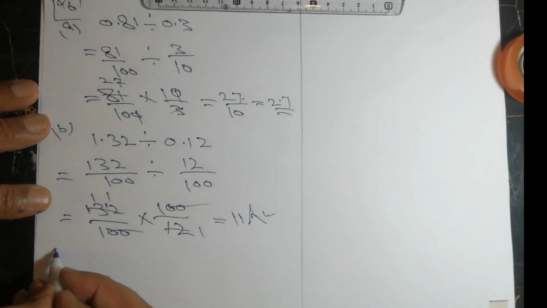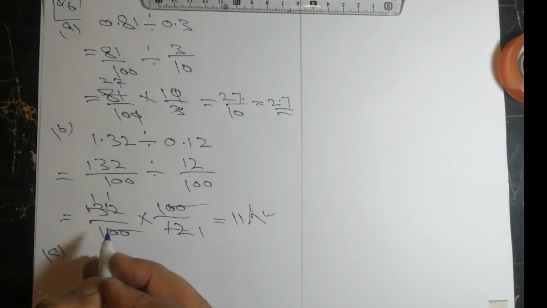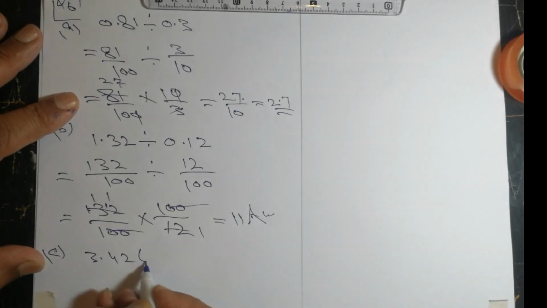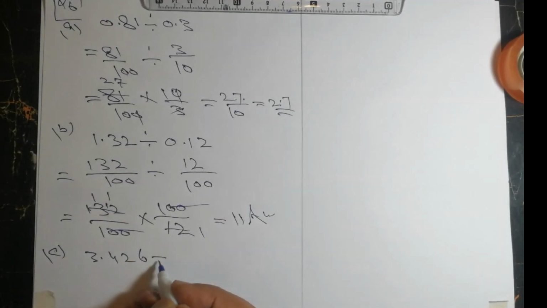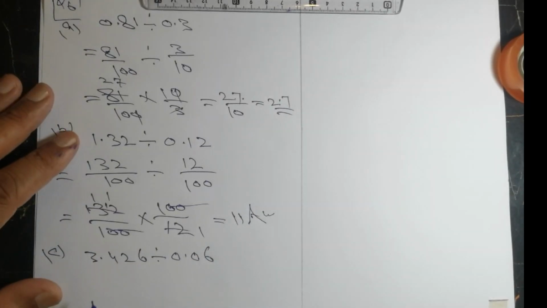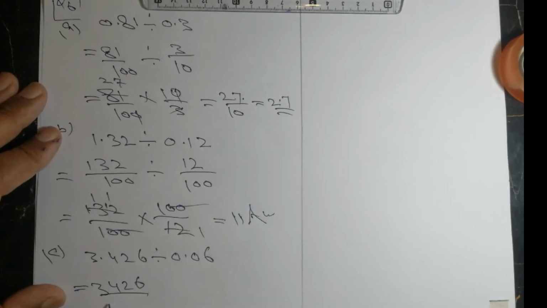Now part C is 3.426 divided by 0.06, that is equal to 3426 over 1000 divided by 6 by 100.